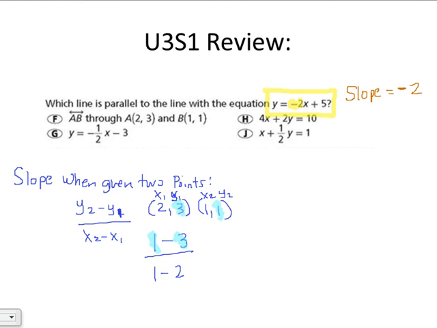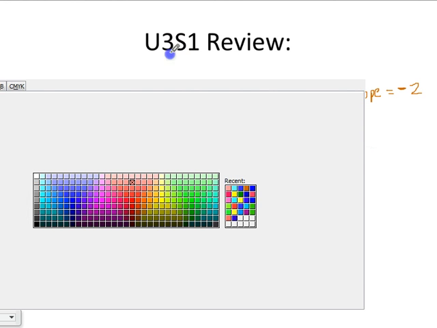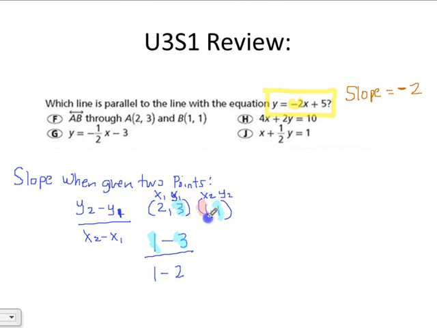If we color code those so that you can see that better, we're taking our second x minus the first. All right, and what do we get? 1 minus 3 is negative 2. 1 minus 2 is negative 1.